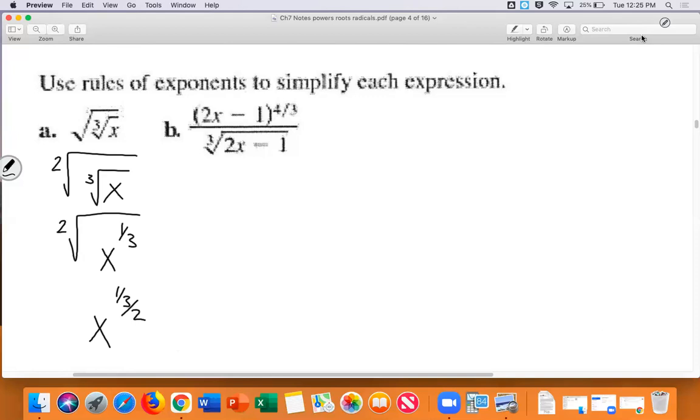It looks kind of funky, right? Lance, I know you got your calculator. Can you do 1/3 divided by 2? Then can you make a math? Enter, enter.